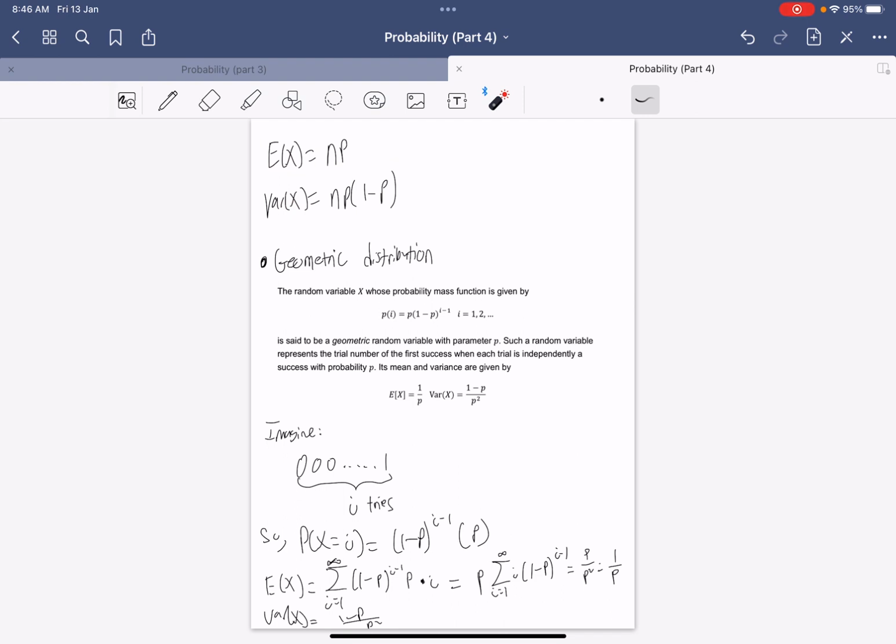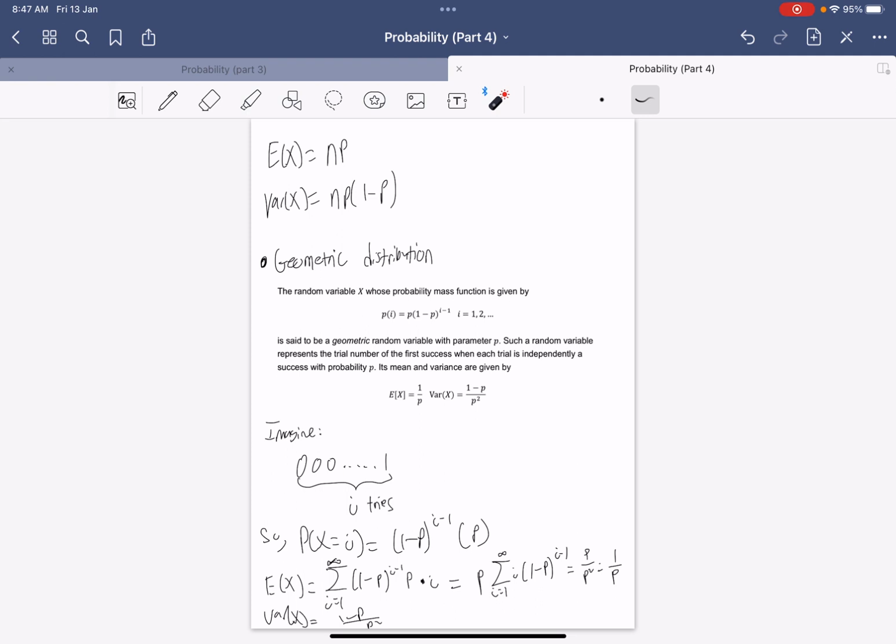And so let's move on to another distribution known as the geometric distribution, where this time, instead of capturing the number of successes, we want to know the total number of trials before we reach our first success. So we let a random variable equal the number of trials until the first success is reached, including the first success.